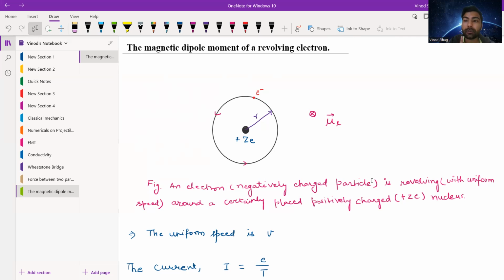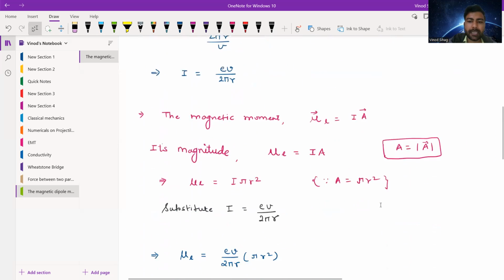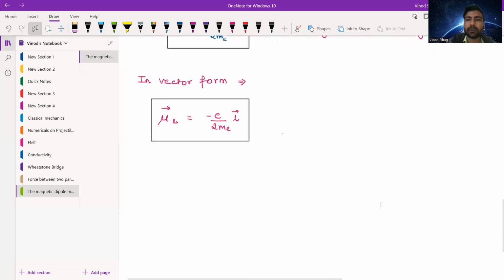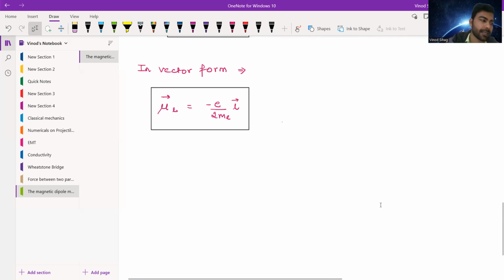So as per the right hand rule, we should revolve our fingers in the clockwise direction, so the direction of area vector will be into the page. That's why we have drawn the cross symbol here, representing that the direction of area is into the page, and because of that the direction of magnetic moment will also be into the page. So if the direction of magnetic moment is into the page, then the direction of angular momentum is out of the page. So that's how we can determine their directions.